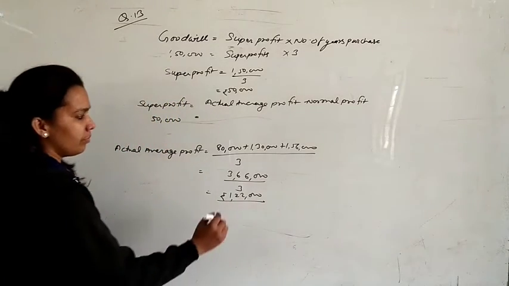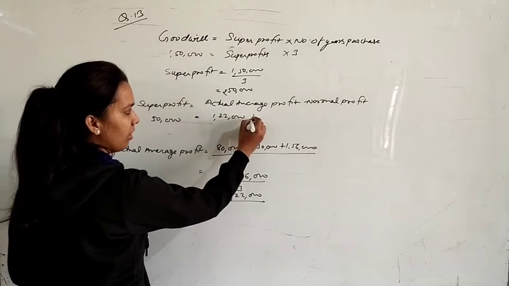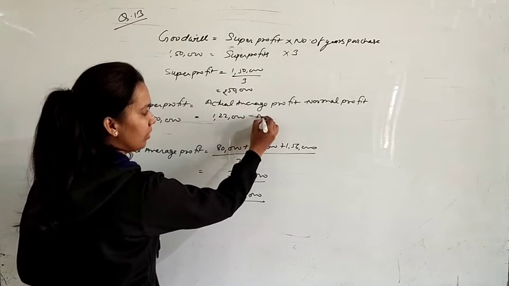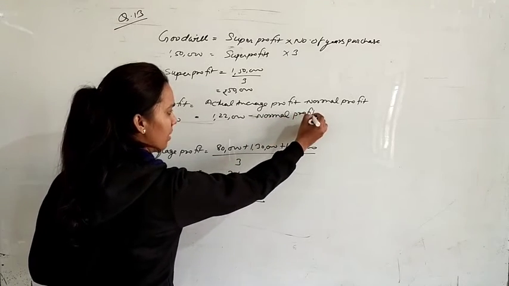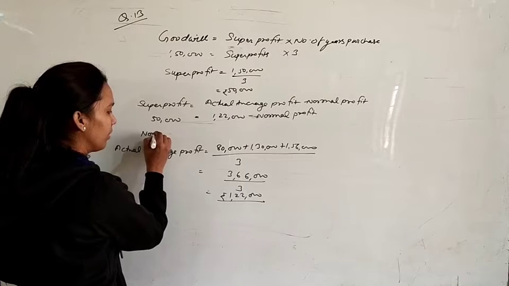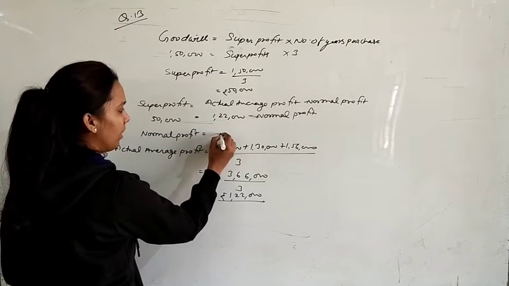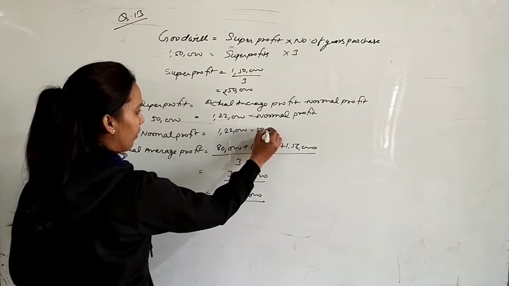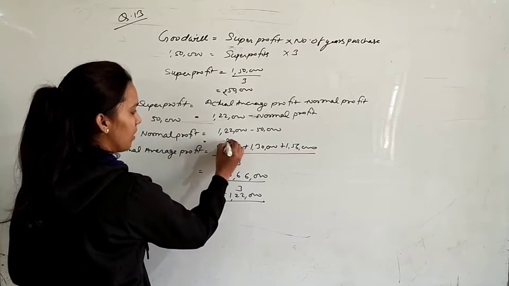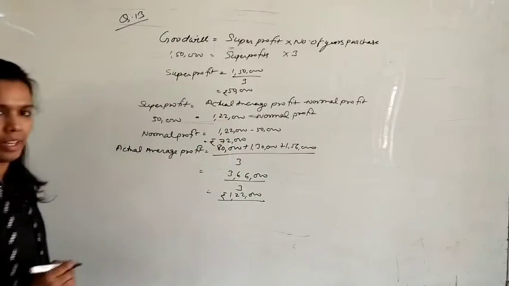Okay. So this 1,22,000 will be forwarded here minus normal profit. So in this equation we will find normal profit, that will be 1,22,000 minus 50,000. So it means 72,000 is the normal profit, right?